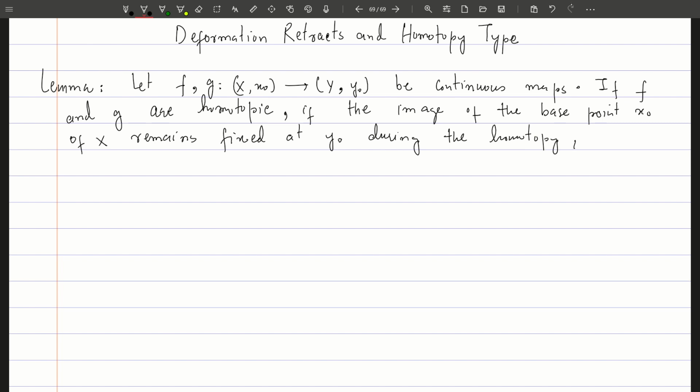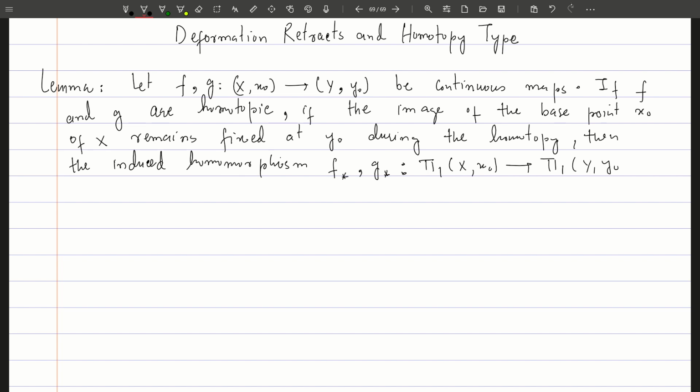then the induced homomorphisms f star and g star, since f is a continuous map and g is a continuous map, both these maps will induce homomorphisms f star and g star between the fundamental group of X based at x naught and the fundamental group of Y based at y naught.